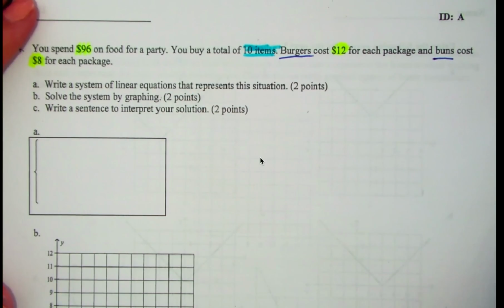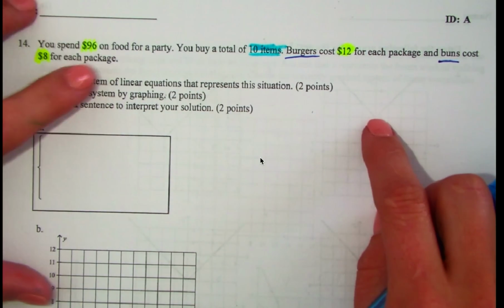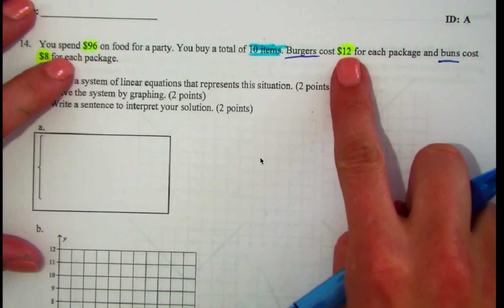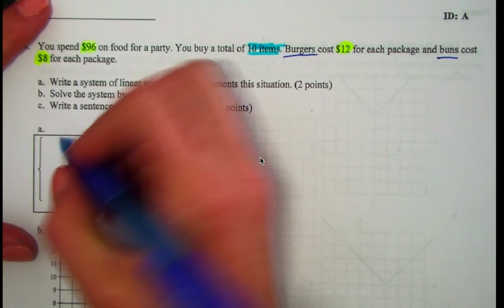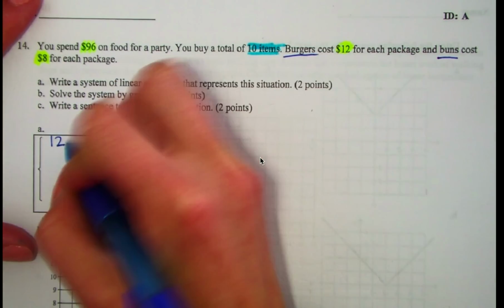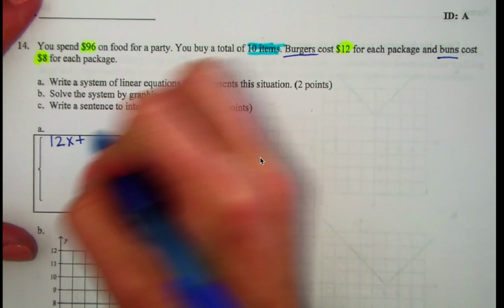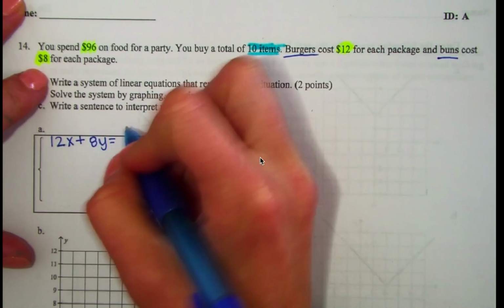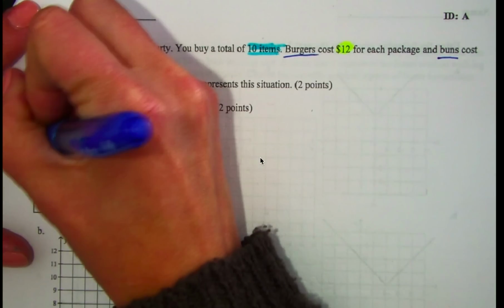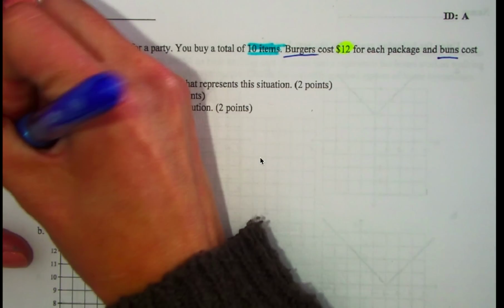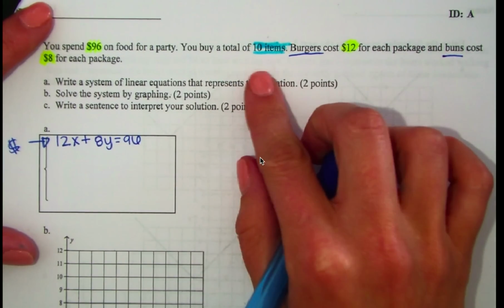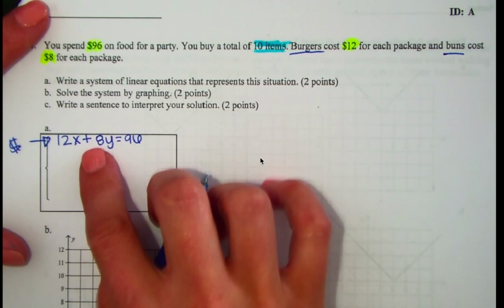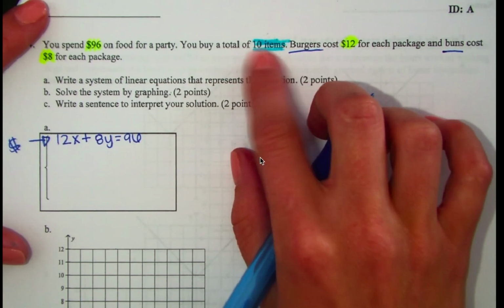So my first equation is going to represent the amount of money that he spent. So it's going to be $12 for each package of burgers, and then $8 for each package of buns, for a total of $96. So again, I was able to put these 3 numbers that represented the cost into one equation. Then our other number talks about the number of items.